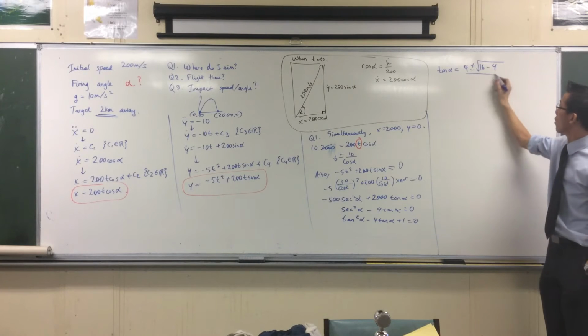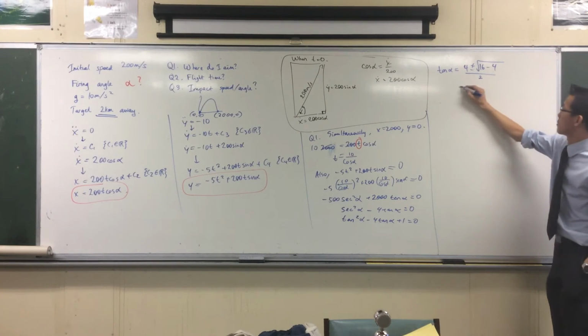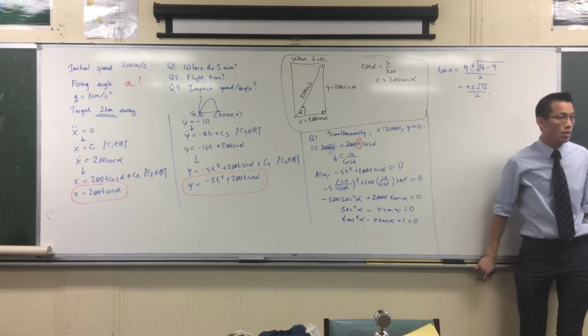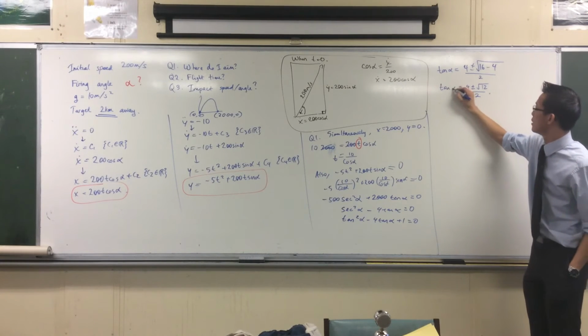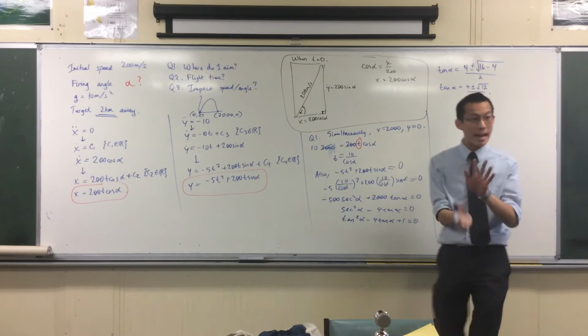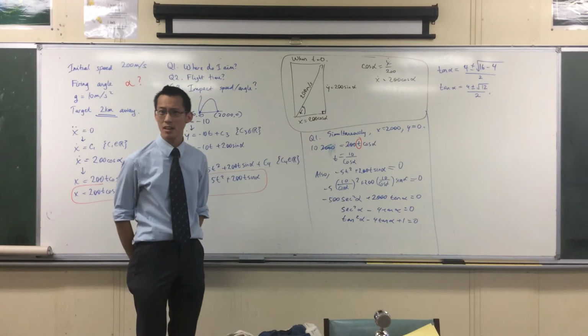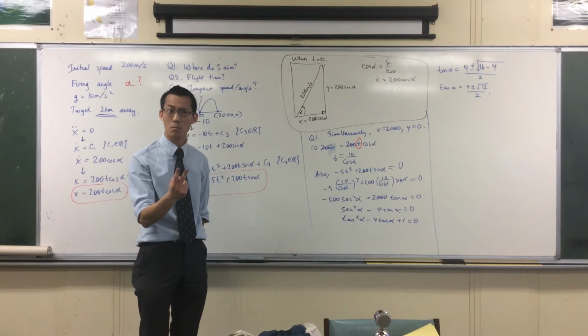All on 2. So far, so good? 4 plus or minus the square root of 12 on 2. Now, this looks really awful. It looks truly awful. Before we calculate it, let's just note something. How many solutions are there here? There are 2. Why are there 2?